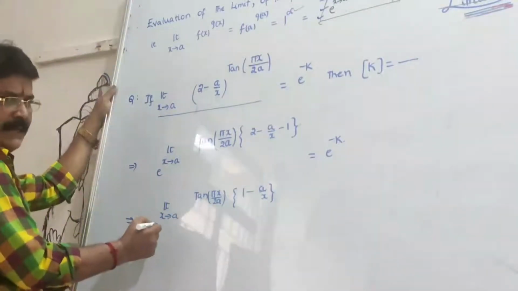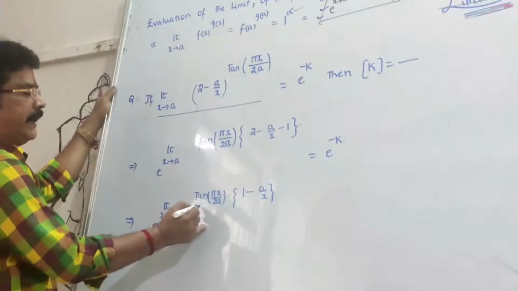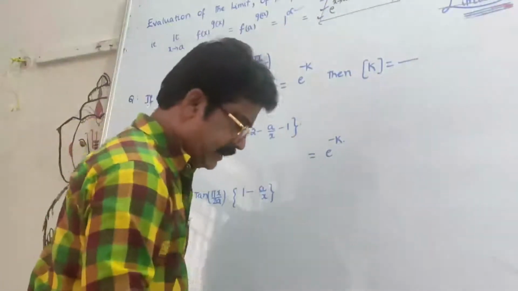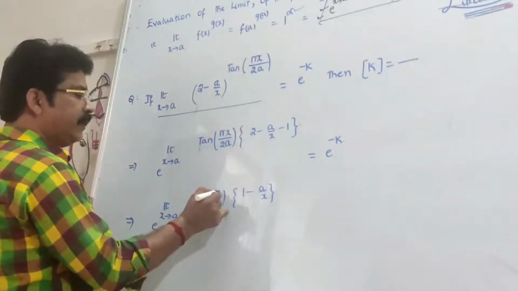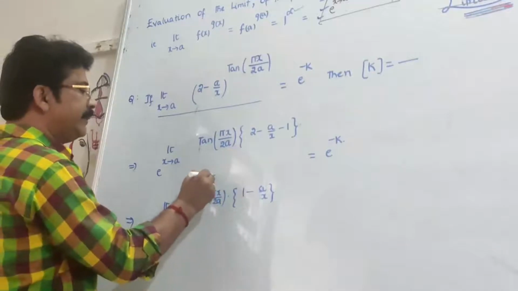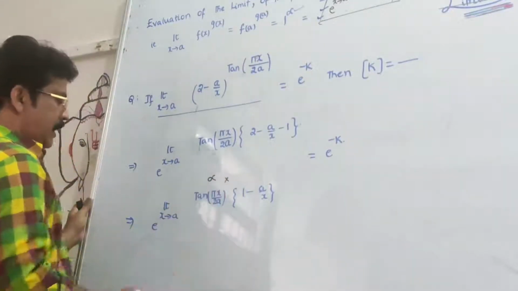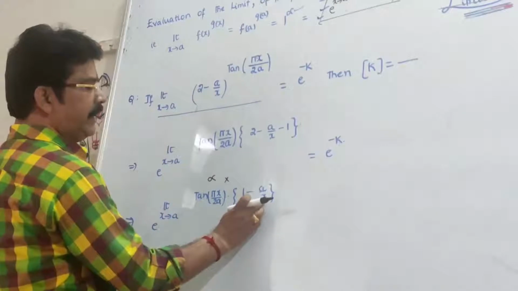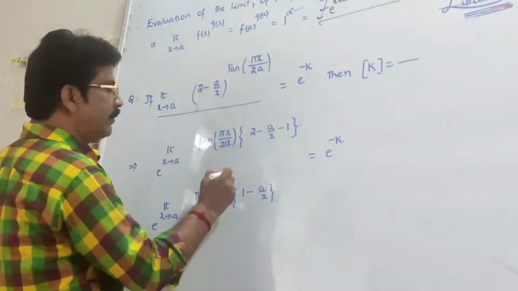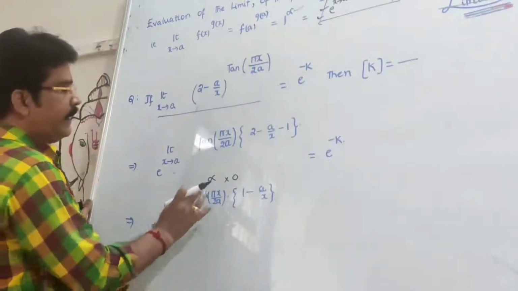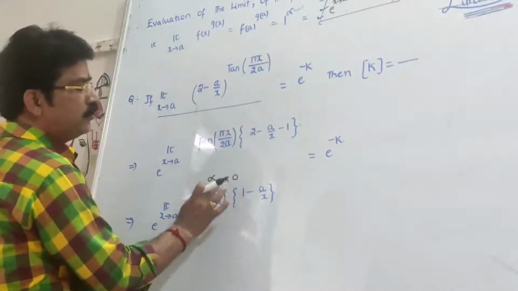So again, just put x = a: tan(π/2) becomes infinity, into putting x = a, a/a is 1, minus 1 is 0. So therefore we are obtaining infinity into 0.